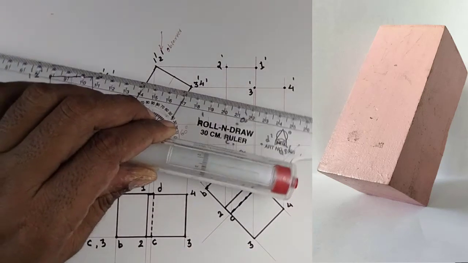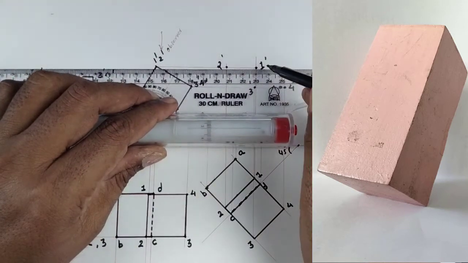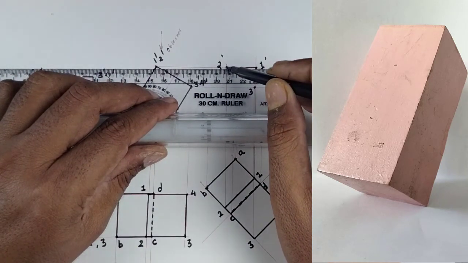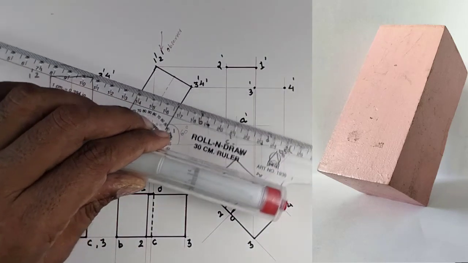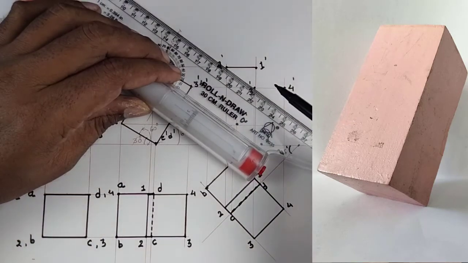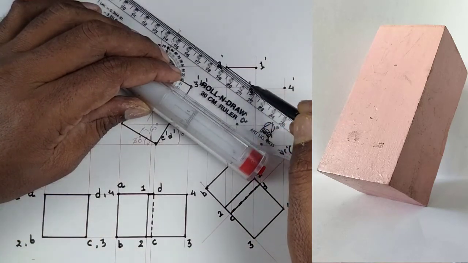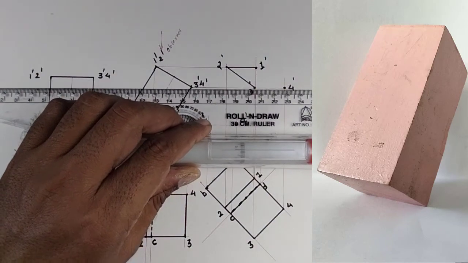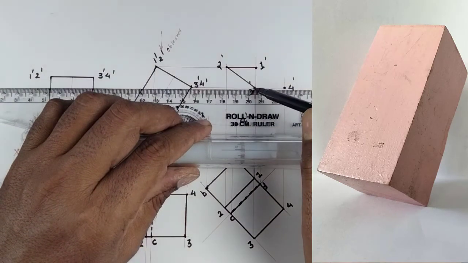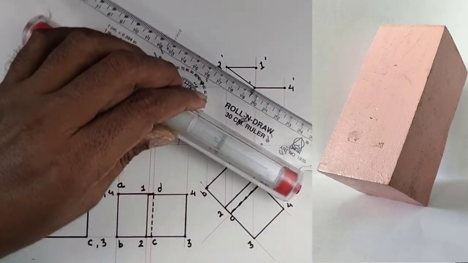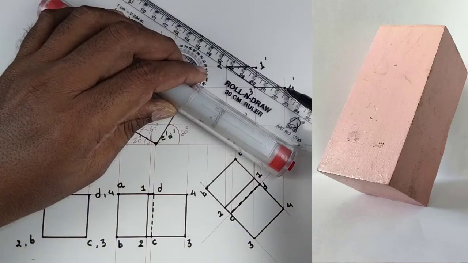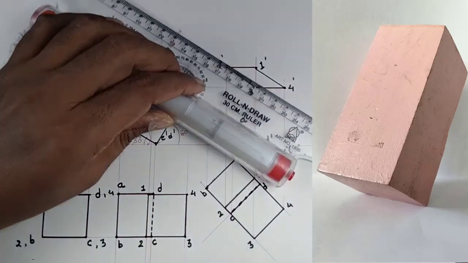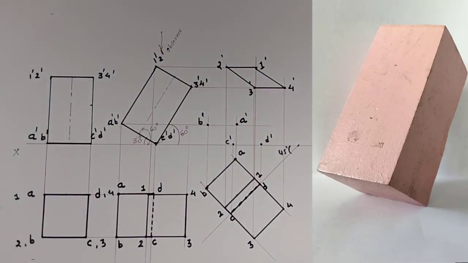So I can join the top base with full line: 1 dash 2 dash, then 2 dash 3 dash, 3 dash 4 dash, 4 dash 1 dash.